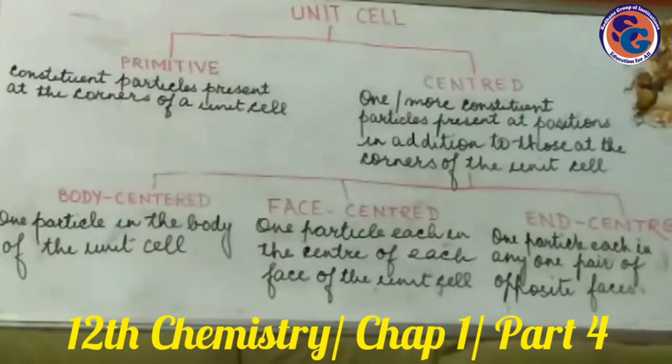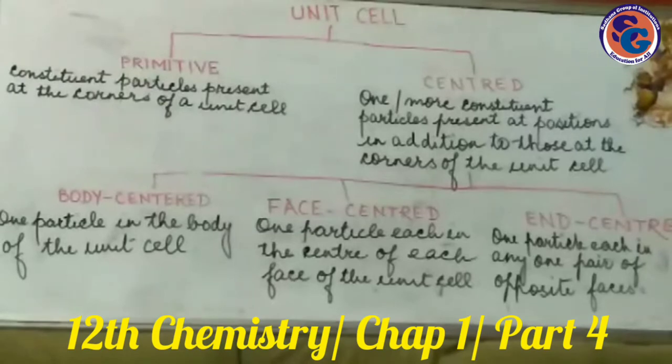Body centered unit cells are those unit cells in which, apart from those particles which are present at the corners of the unit cell, there is one particle in the body, in the center of the body of the unit cell. मतलब यूनिट सेल में वो 8 कॉर्नर्स होते हैं जिन पे पार्टिकल्स प्रेजेंट होते हैं. हर एक कॉर्नर पे एक पार्टिकल होता है, लेकिन इनके अलावा एक पार्टिकल यूनिट सेल के बिल्कुल बीच में पाया जाता है. फेस सेंटर्ड यूनिट सेल.